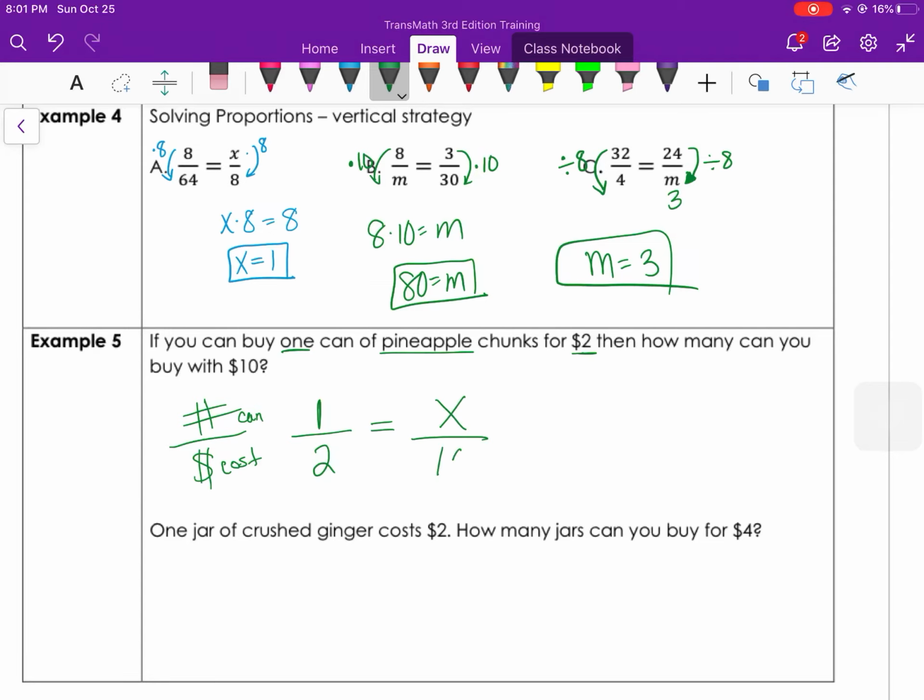So how many cans can you buy with $10? You can actually solve this vertical or horizontal. Probably horizontal is easier. 2 times 5 is 10. So 1 times 5 is 5. So I can buy 5 cans with $10.